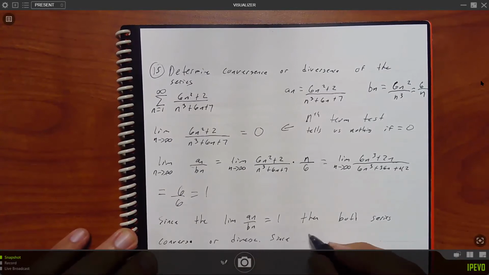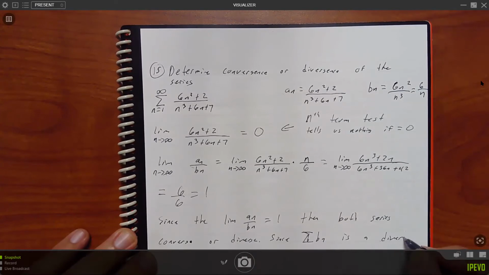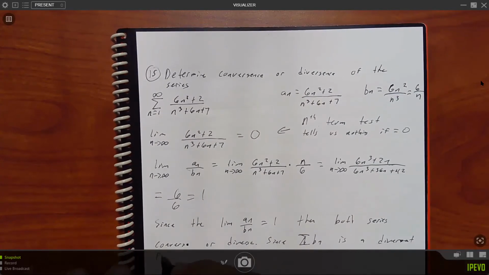Since bn is a divergent P series because P is equal to 1, then series AN also diverges by the limit comparison test.